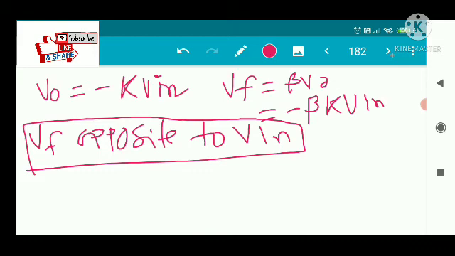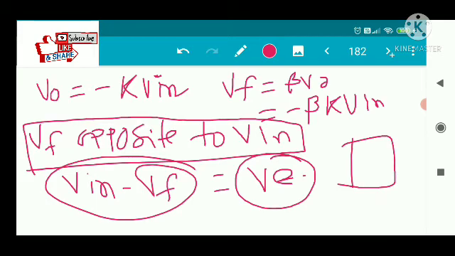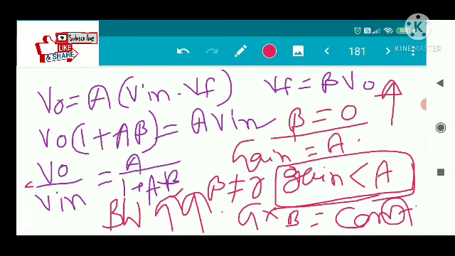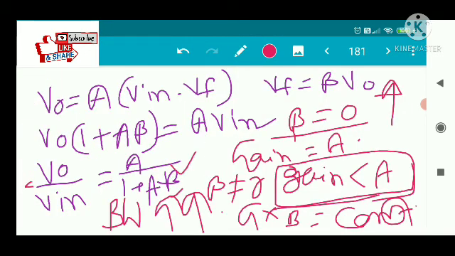Okay, as Vf is opposite to Vin, whatever you give to the input will be subtracted. This is your error voltage, and this error voltage is given to the forward path, and gain is A, so it is amplified, A into V. Again the same calculation is applied here, and this calculation leads to this.